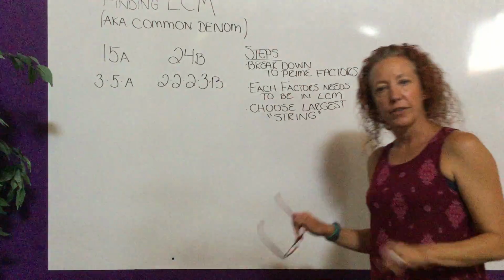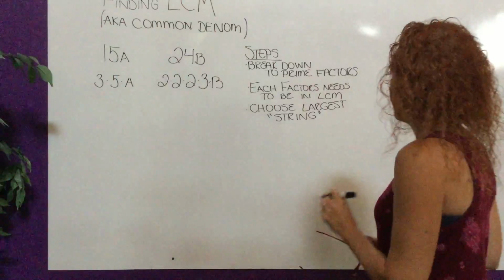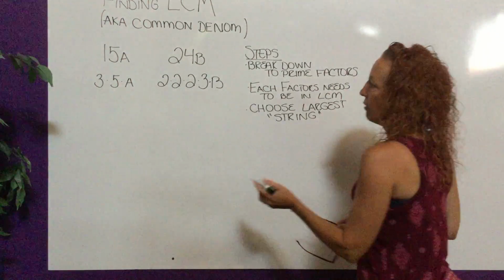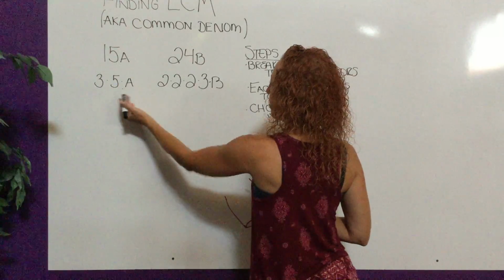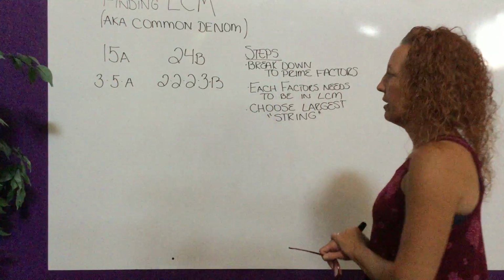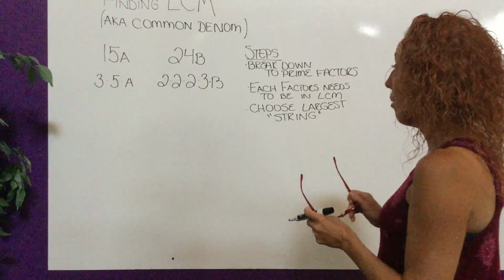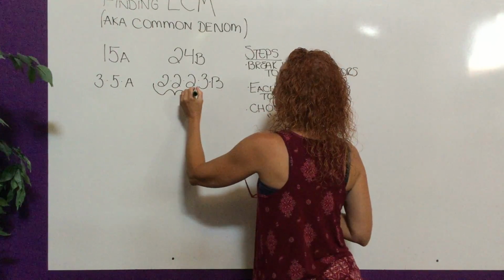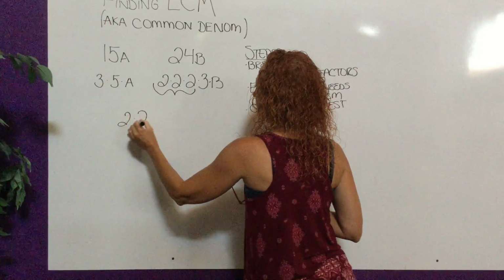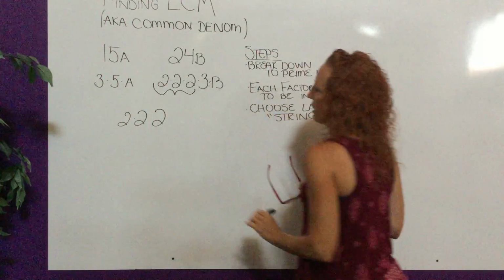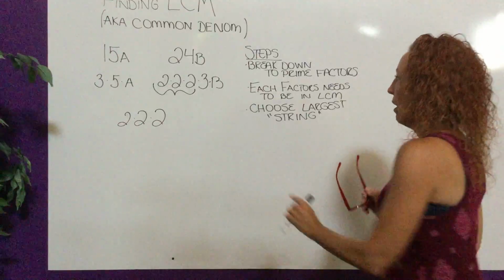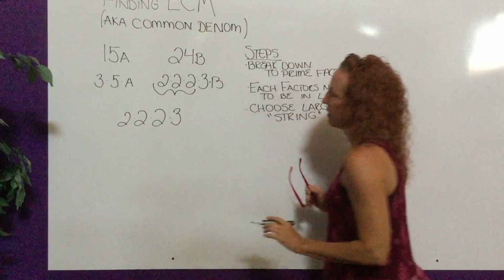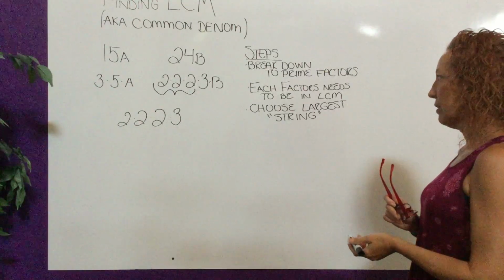So I don't have to write out that factor tree if you don't want to. You do whatever works for you. It looks like I have 2's, 3's, 5's, a's, and b's as factors. So I need to make sure all of those numbers I see are represented. Since I have 3 2's here, my LCM needs 3 2's. I have a 3 there and a single 3 there, so I just need to include it once because it never shows up more than once.